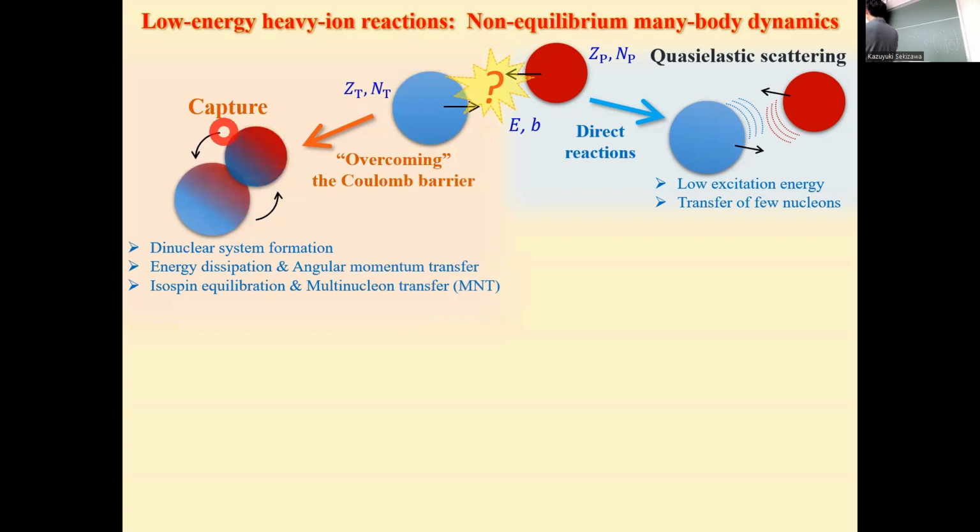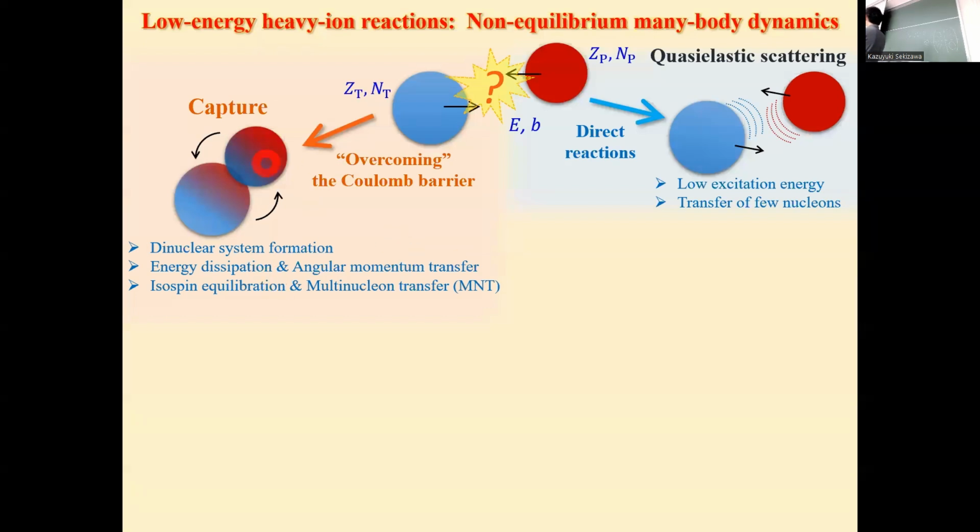So in this case, you have capture and dinuclear system formation, and you have a lot of energy dissipation. Nucleons are exchanged rapidly, and many nucleons are transferred. It induces multi-nucleon transfer reactions, and energy is dissipated from the relative motion to the internal excitations. The angular momentum is also transferred into the internal degrees of freedom.